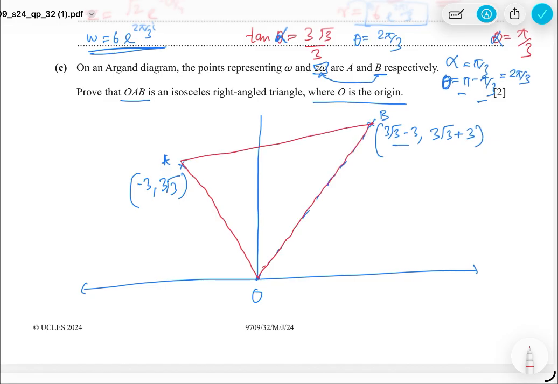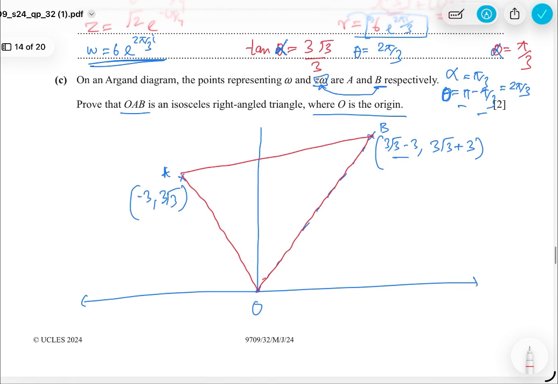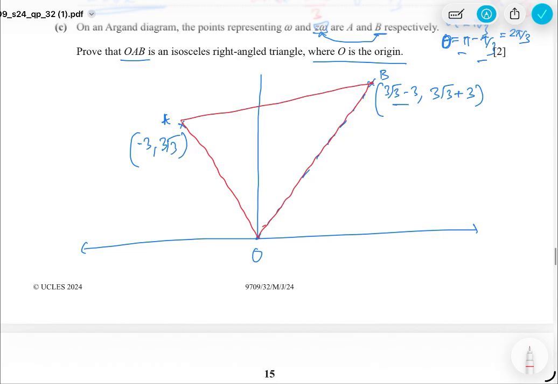All right. Now listen very carefully. They are saying that OAB is isosceles, and we have to prove that, where O is the origin. Now, to prove it, what can we do? This is the real axis. This one is the imaginary axis. Now think with me.